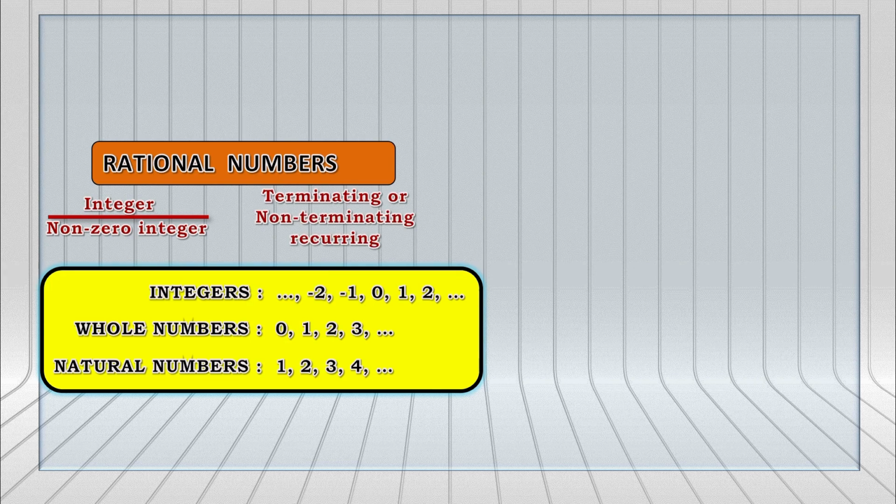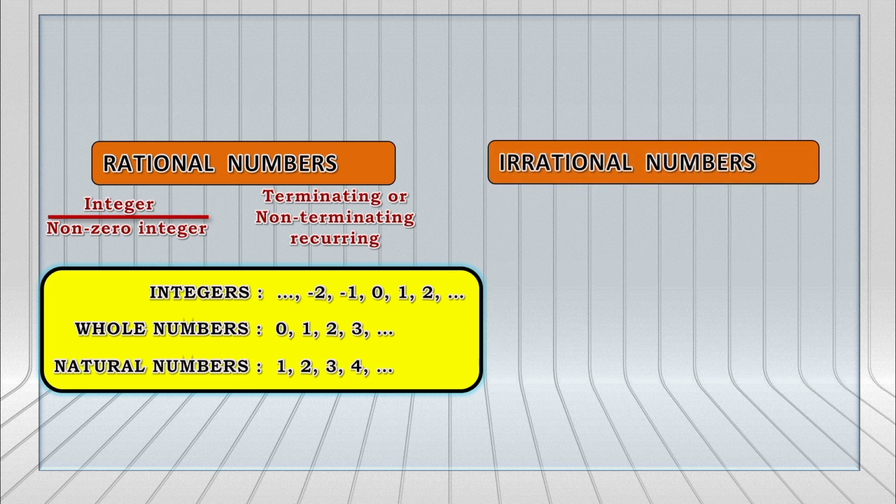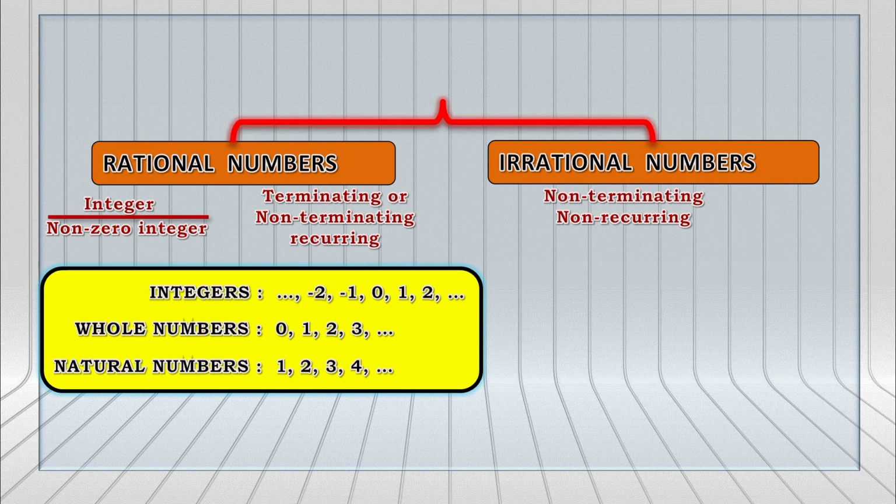A rational number we can also say is an integer divided by any non-zero integer, or it is terminating or non-terminating recurring. That will be a rational number. Now an irrational number is a non-terminating, non-recurring number.